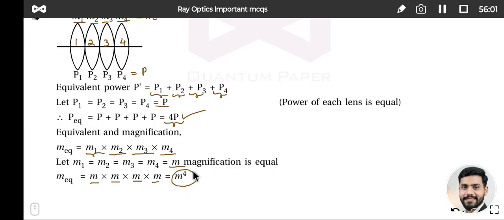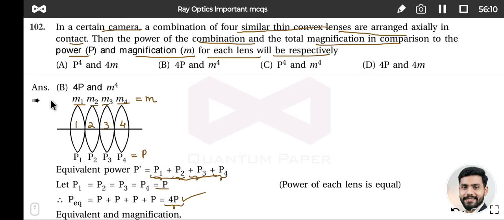Remember, magnification we always multiply, and power we add up to find the equivalent. So the correct answer here is power 4P and magnification m^4.